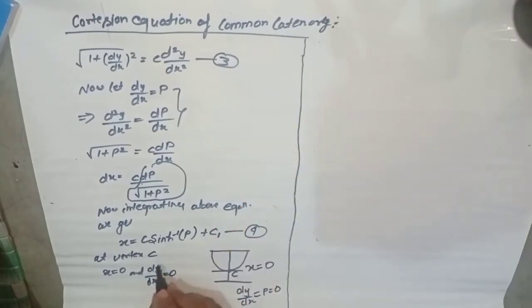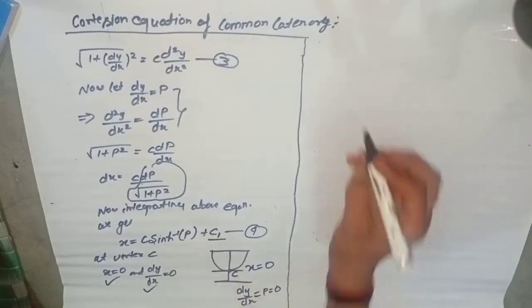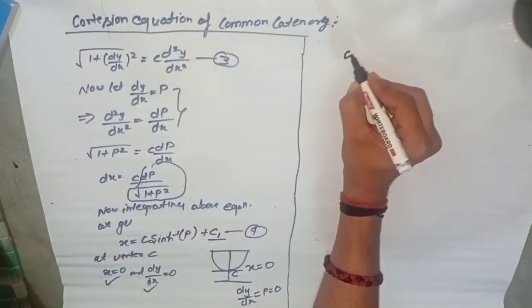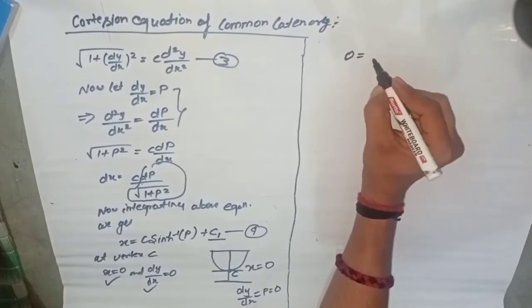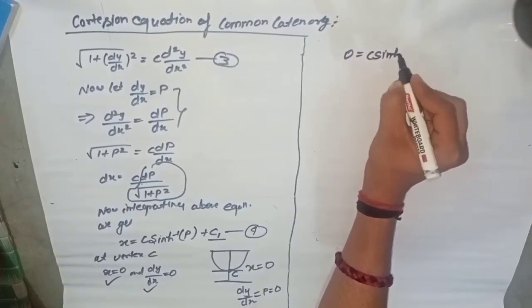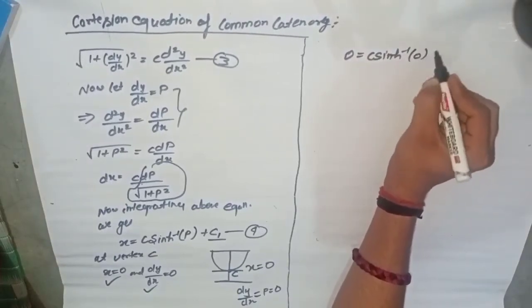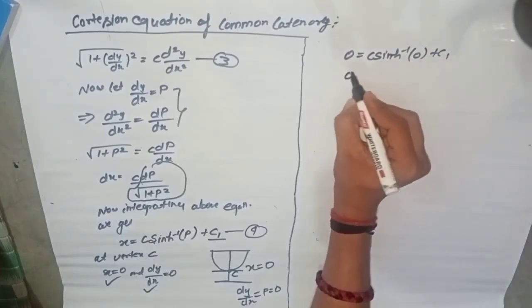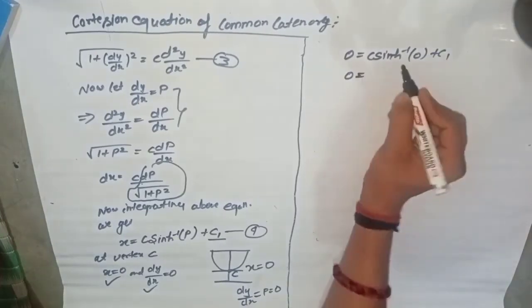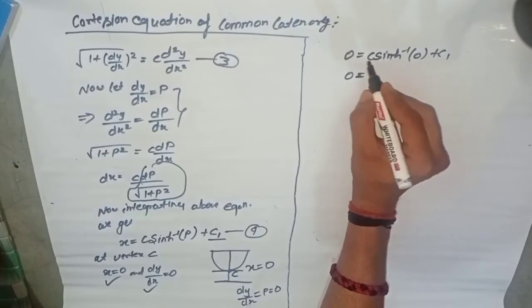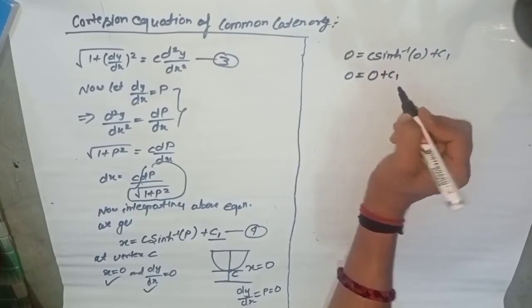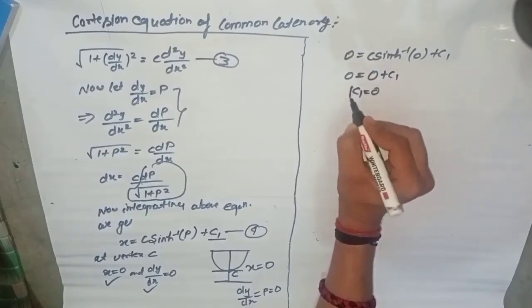Now we put the values in equation 4 to get the integrating constant. x equal to 0 at the vertex, so 0 equals c sine hyperbolic inverse 0 plus c1. The sine hyperbolic inverse of 0 is 0, and 0 into c is also 0 plus c1. Then we get c1 equal to 0.